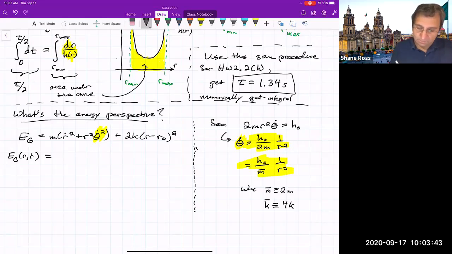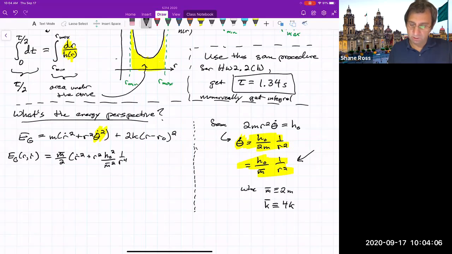This ends up looking like m bar over 2 times r dot squared plus r squared, and now we have to do theta dot squared using this formula over here on the right: h naught squared over m bar squared, 1 over r to the 4th, plus 1/2 k bar (r minus r naught) squared.